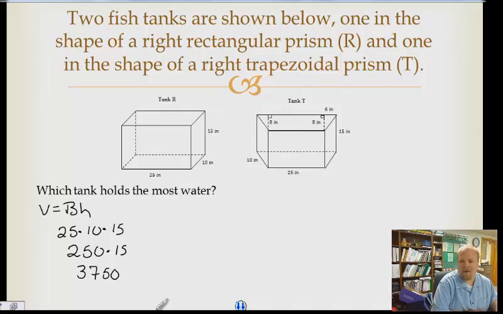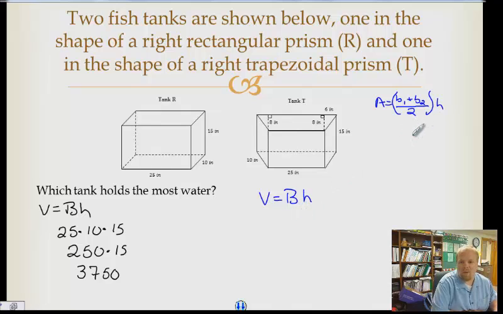Tank T is a little bit more involved. It's a trapezoid. If we remember, area of a trapezoid equals base 1 plus base 2, divided by 2, times my height. Okay? So the volume formula is still the same. It's volume equals area of the base times my height of the actual prism. So we got to figure out this first.